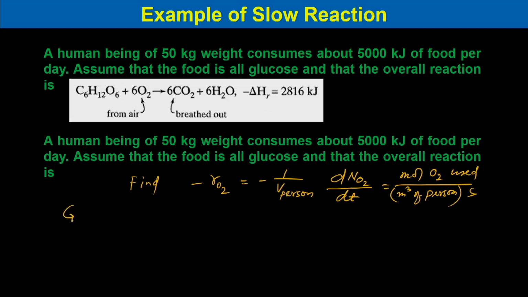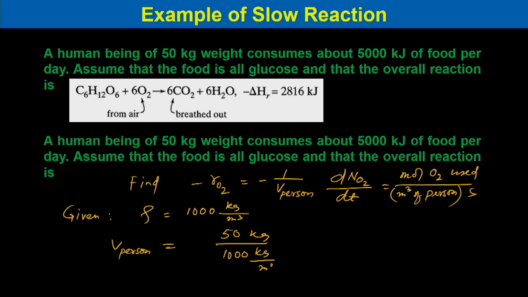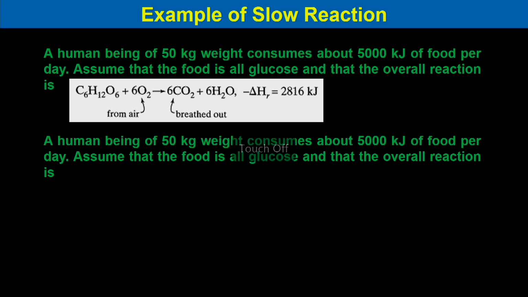Given that density is 1000 kg per meter cube, the volume of the person we can calculate: weight of the person, that is 50 kg, divided by the density 1000 kg per meter cube, which is 0.05 meter cube.